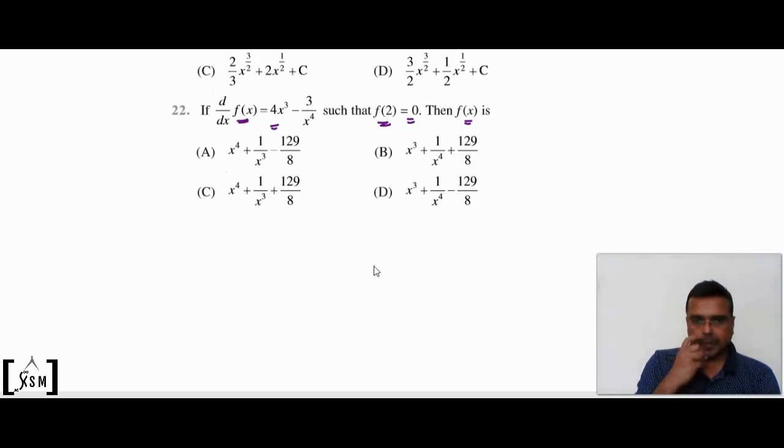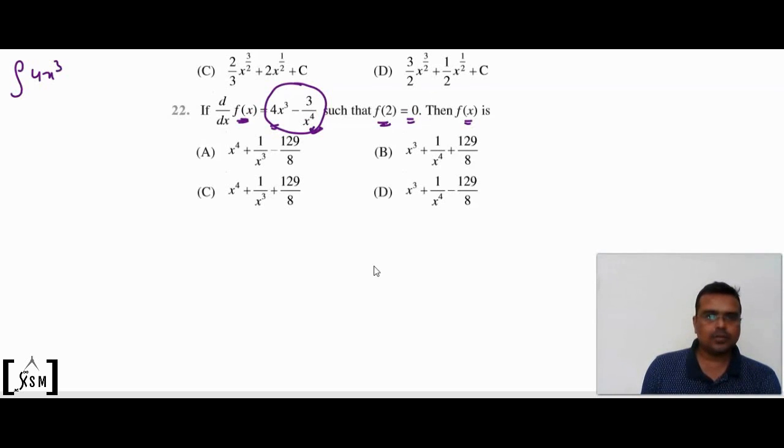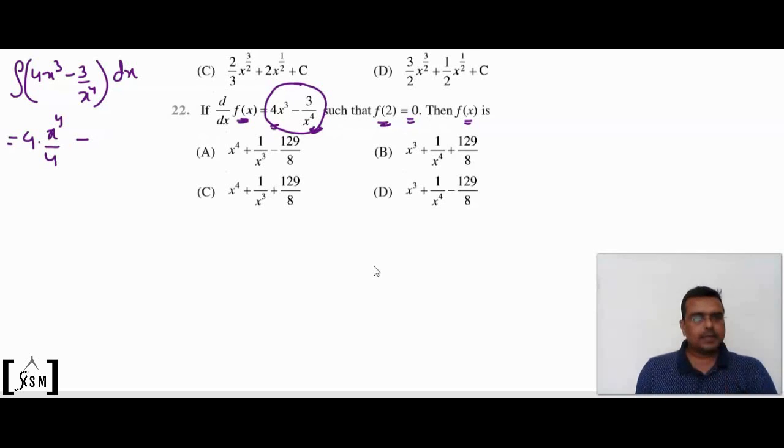So first of all, if we integrate this, we should get f(x), right? Because f(x)'s differentiation is this. So I'm integrating 4x cube minus 3 over x to the power 4 dx. So 4 is a constant, and x cube integration is x to the power 4 over 4, minus 3 over x to the power 4.